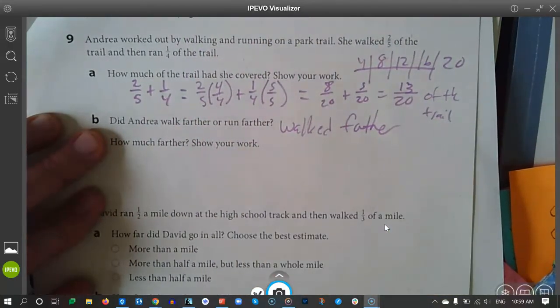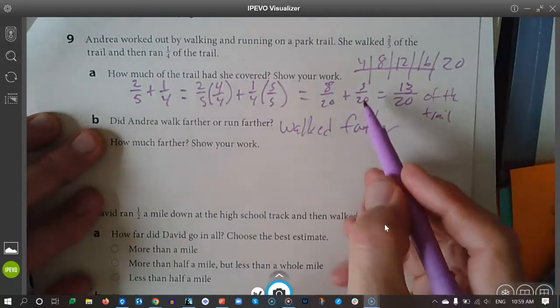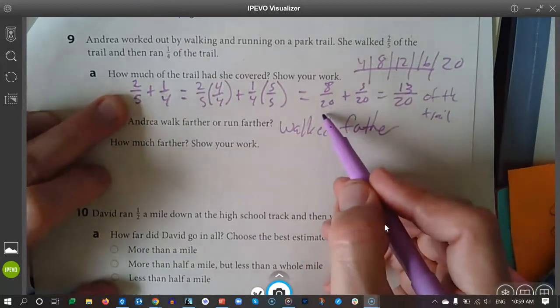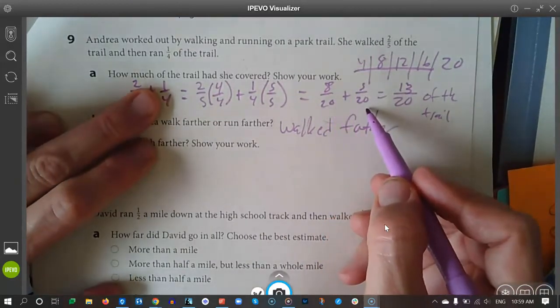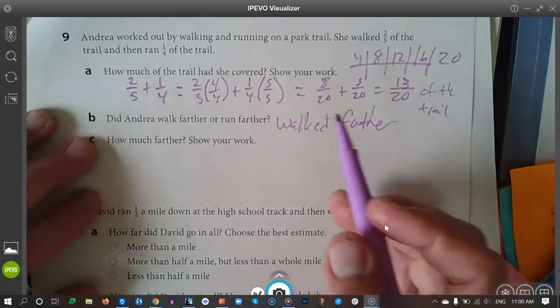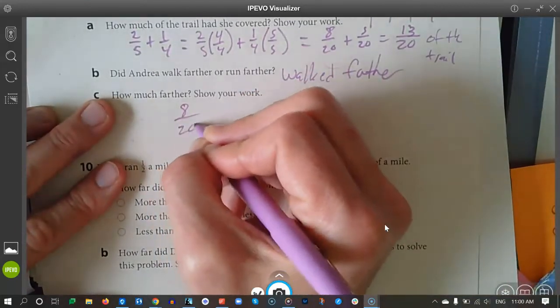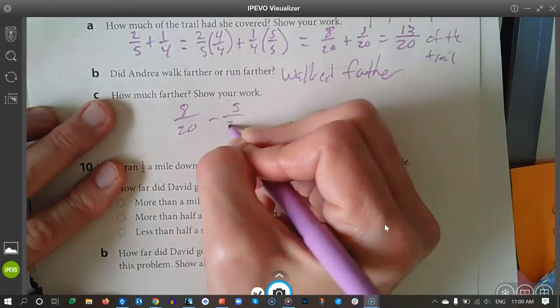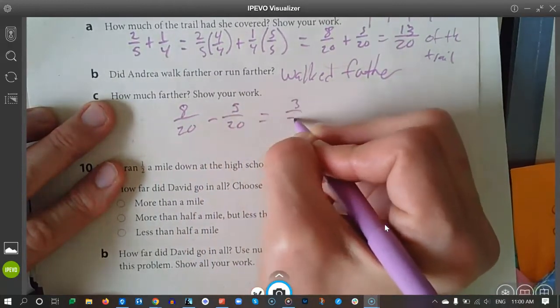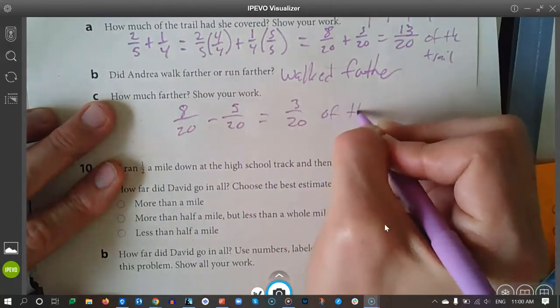Because 1/5 would be less, but 2/5. Oh wait, we did this to 20ths. So yeah, then we can compare it. 2/5 is 8/20. 1/4 is 5/20. So yeah, 8/20. So walk farther. How much farther? So now we just take the work that we've already done, 8/20, and we subtract 5/20, and that would say 3/20 of the trail.